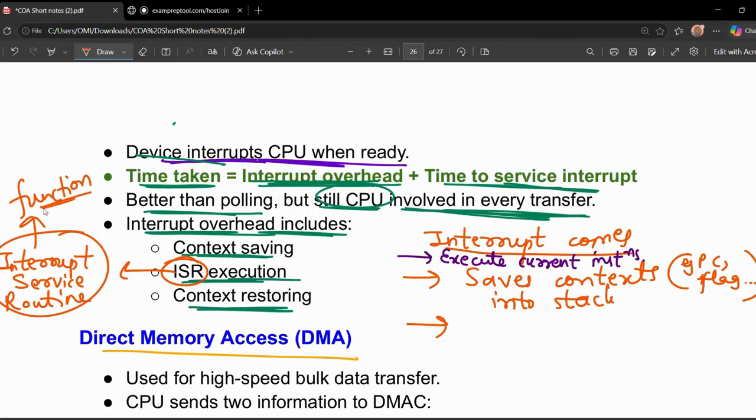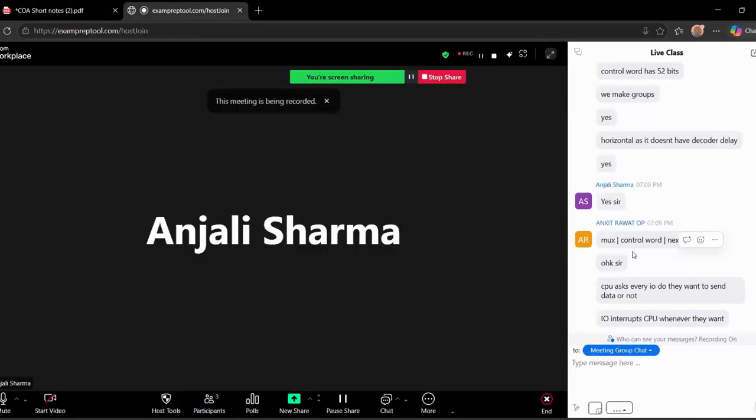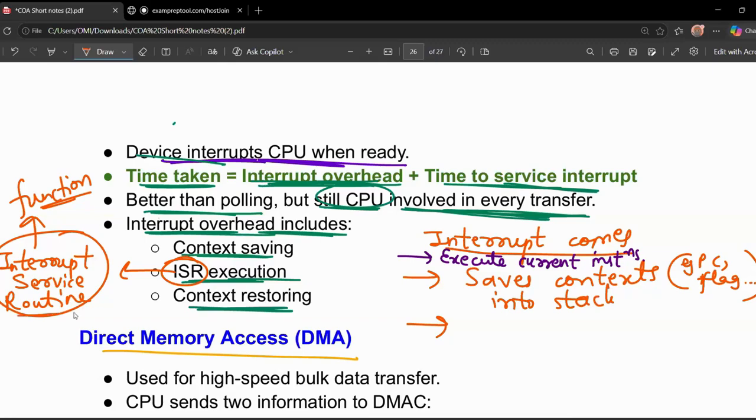I hope you have seen drivers: currently I'm using a tablet, and when I used it for the first time, I installed the driver for it. In the driver, the interrupt service code is written, so you have to execute the ISR.